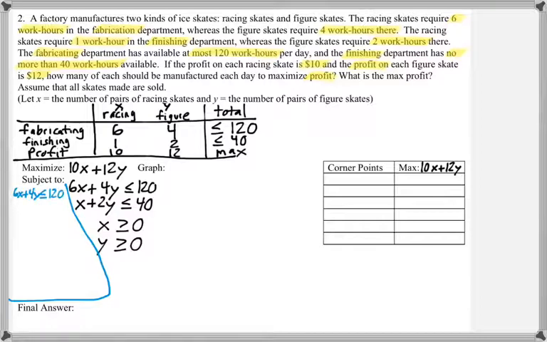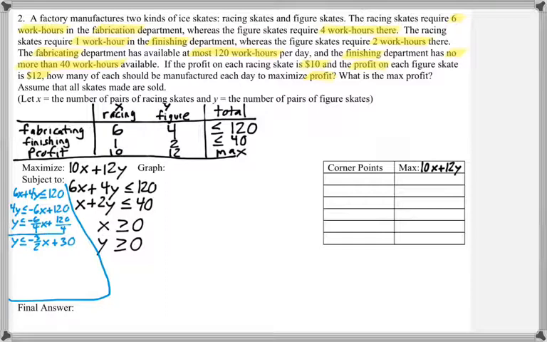I want to subtract 6x from both sides, and then divide both sides by 4. And this reduces to negative 3/2 x plus 30.